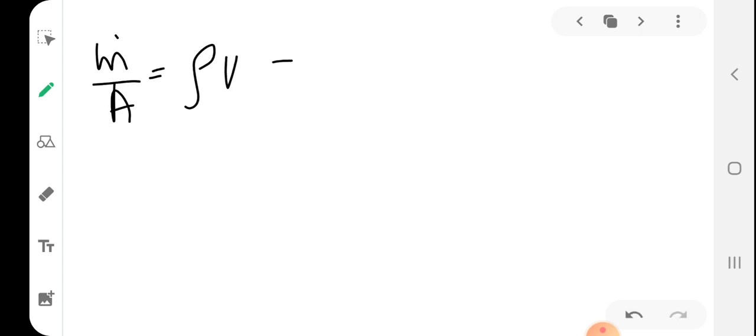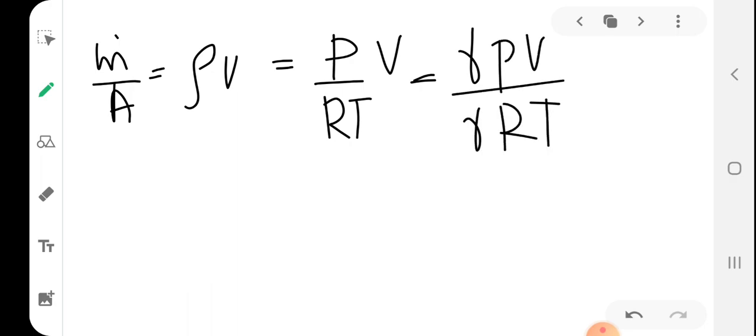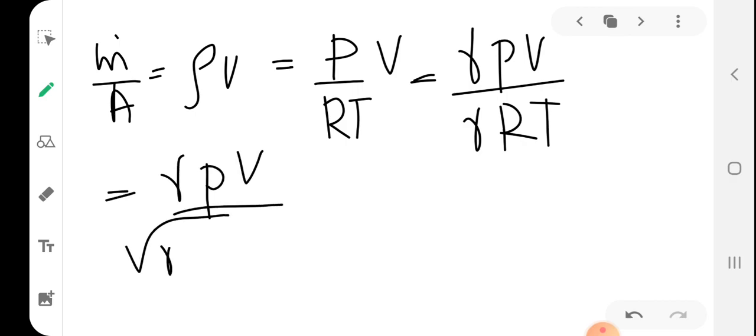Rho V can be written with rho as P by RT, times velocity. Multiplying with gamma in numerator and denominator, gamma P V by gamma RT can be written as root gamma RT into root gamma RT, right?